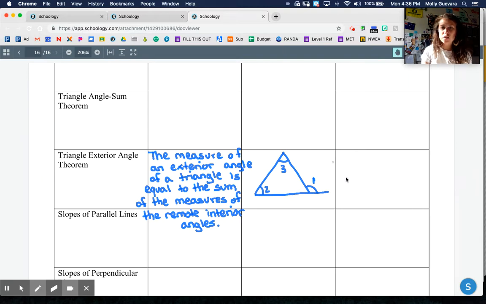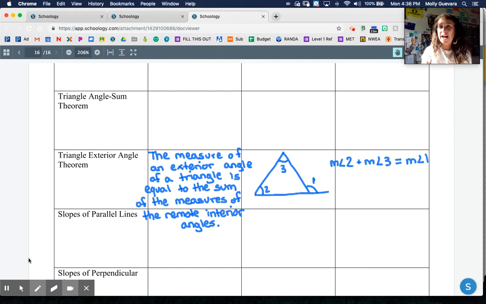So what this means is if I take the measure of angle 2 and add it to the measure of angle 3, I'm going to equal the measure of angle 1. So if I add my two remote interior angles together, I get my exterior angle. Okay, so that's it for all of our theorems and terms and everything.